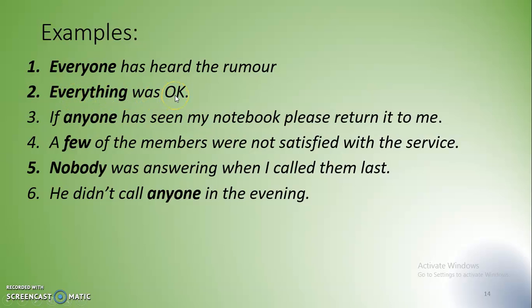Everything was okay. If anyone has seen my notebook, please return it to me. A few of the members were not satisfied with this. If you read more and more examples, it will be very easy for you to keep it in your mind about indefinite pronouns.